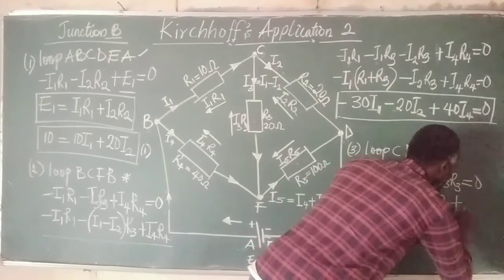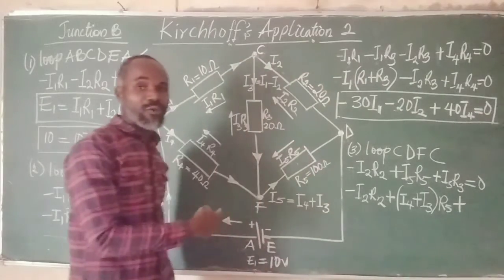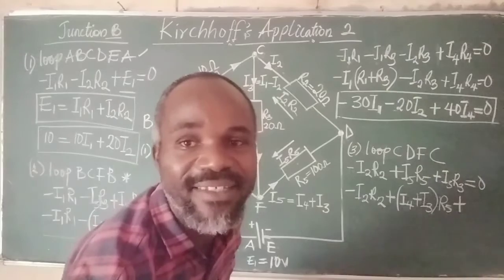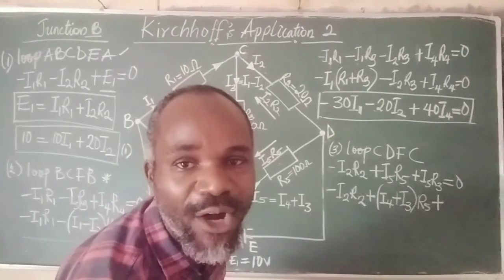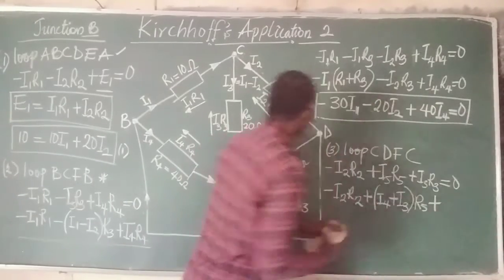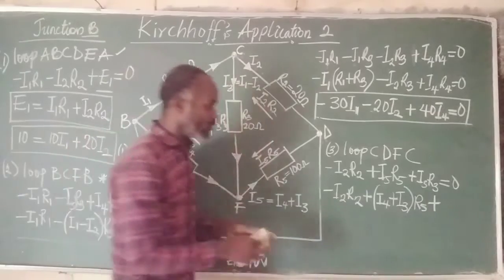We are going to split this current. I want us to see it very well. We're going to split that part because it's the part that shows how we explain what happens there. Current 3 is splitting into current 1 minus current 2.